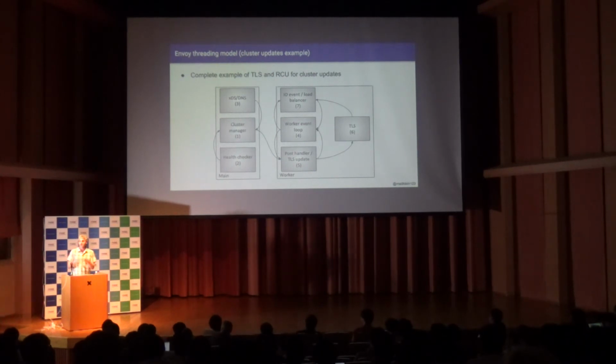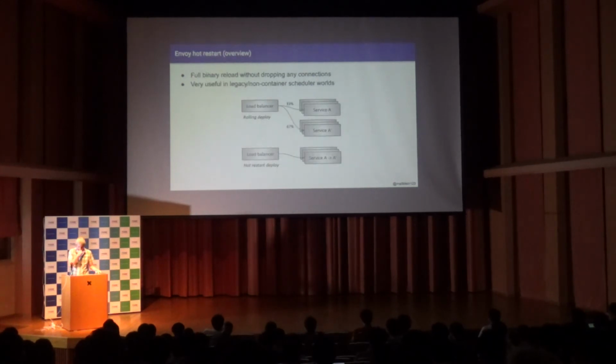So you might be in a situation, of course on the same host, within a matter of microseconds, where there's a tiny interval of time where worker 1 sees the old host data, worker 2 sees the new host data. But when worker 1 runs that post handler for that TLS update, it'll swap and then everything is now consistent. So very, very scalable. All right, let's jump to hot restart.